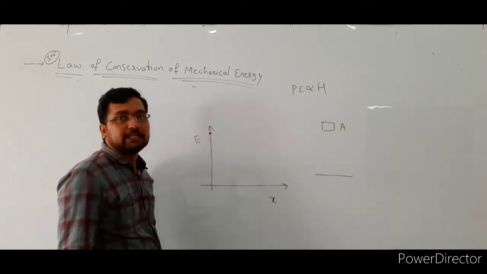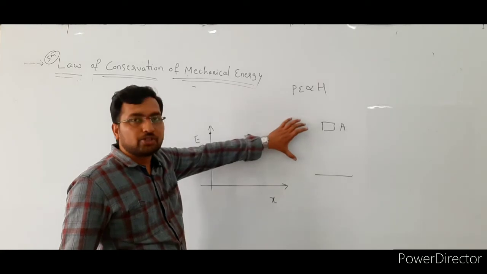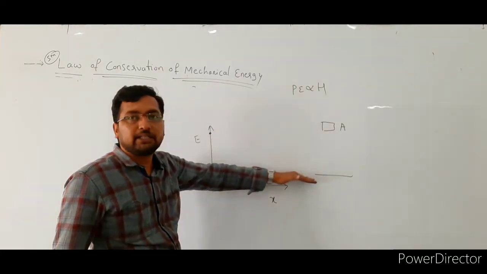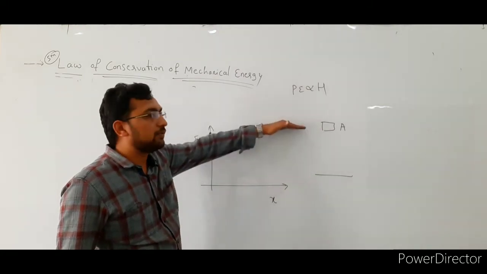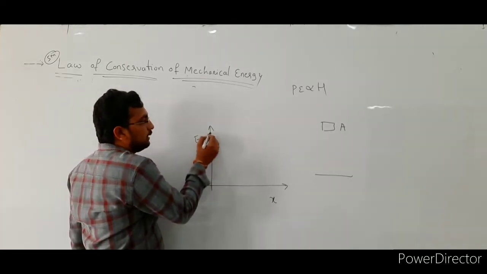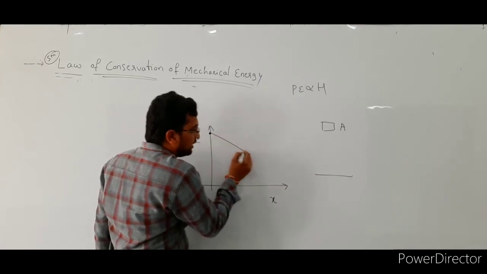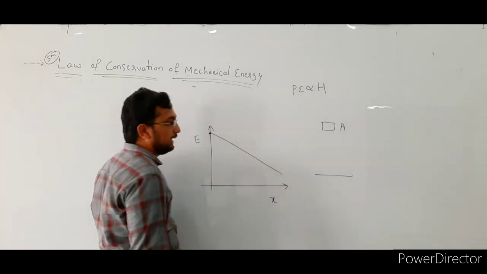If the height is more, the potential energy is more. At position A, the height is more. After that, the body moves towards the surface of the earth, and the potential energy goes on decreasing because the height goes on decreasing.